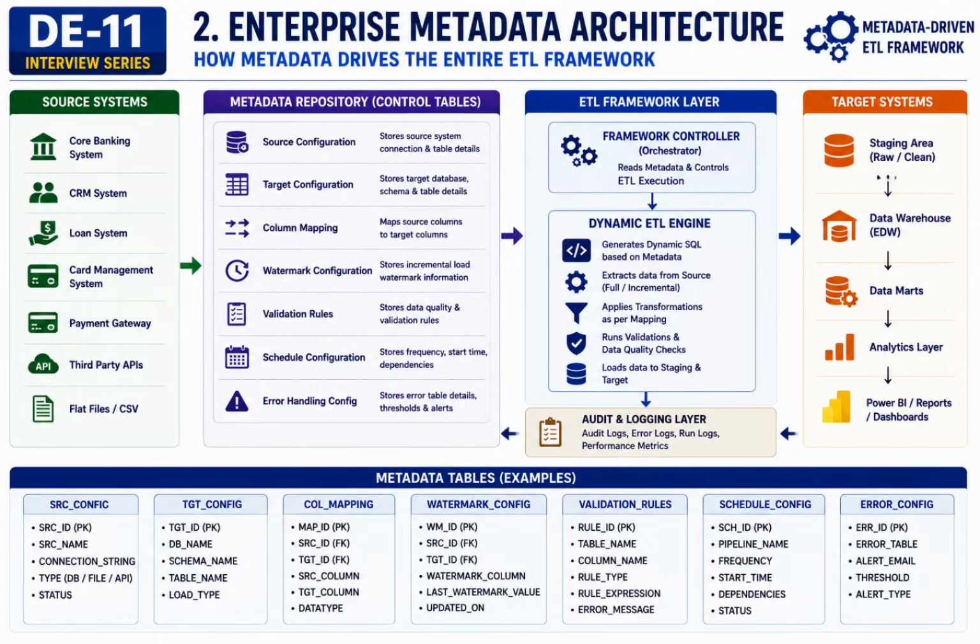Every execution writes detailed audit logs containing row counts, execution time, errors, and pipeline status. This architecture allows one framework to process hundreds of tables without changing the ETL code.